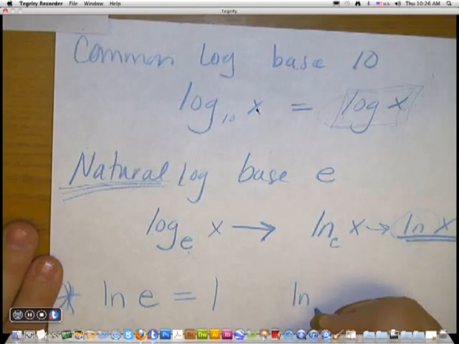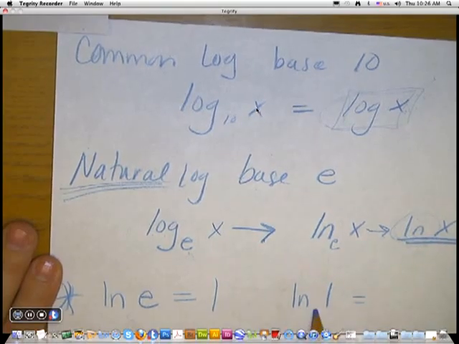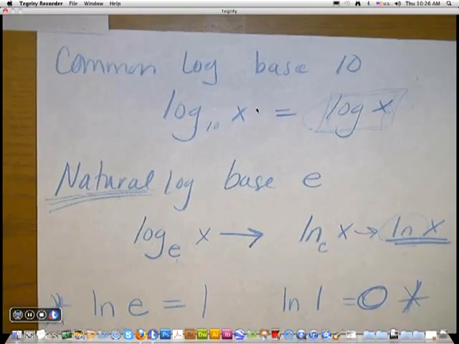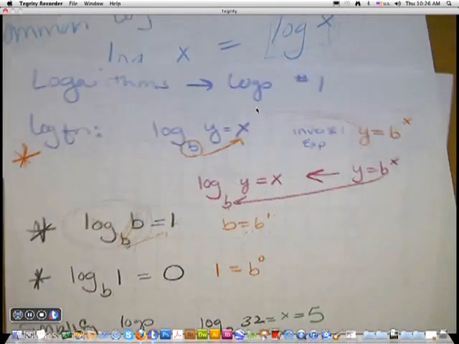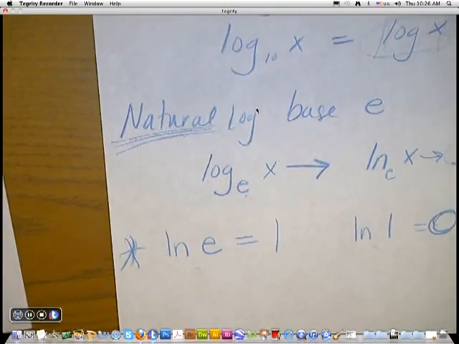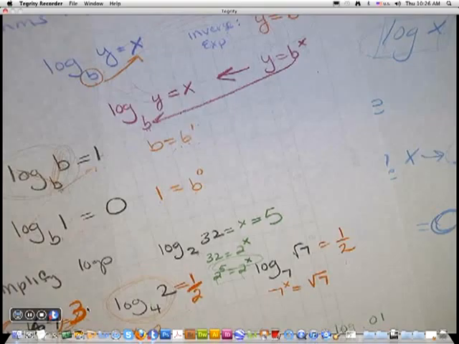If I have natural log of 1, the base on this is e, so the exponent is 0. Go back to the very beginning of the notes where we did these log properties. They work exactly the same for natural logs. Anything we do with log will work for ln. Always will be that way. So that's our first thing on logs, logs number 1.